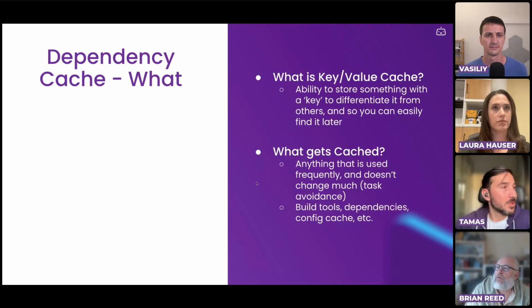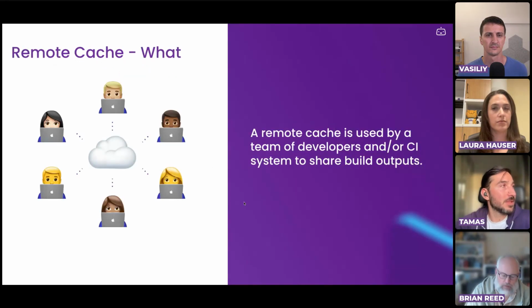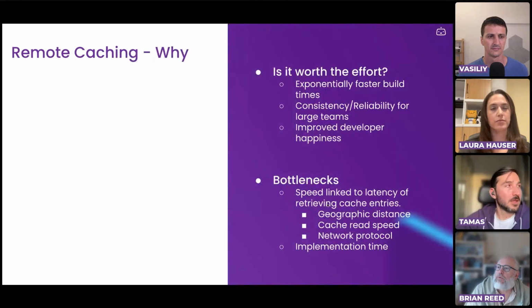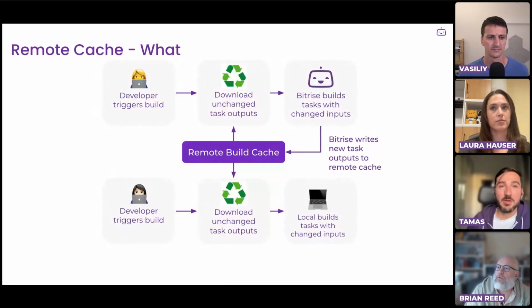And for the next part, let's look at the fly phase, which consists of remote caching. So what is a remote cache? A remote cache is basically used by a team and/or a CI system to share the different build outputs. How does that look? A developer starts a build.